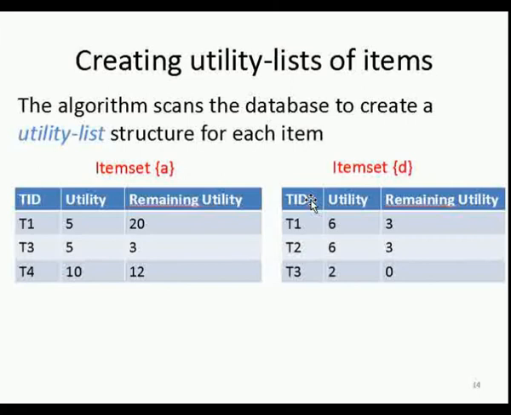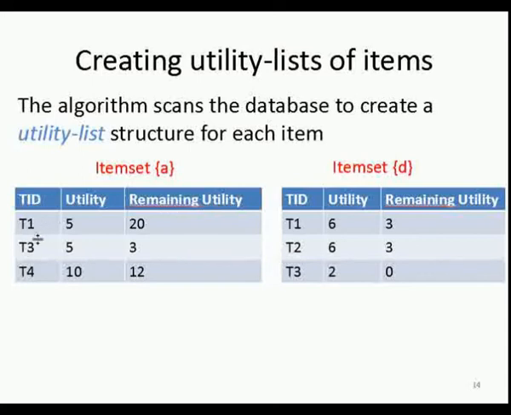So how does it work? The main idea of the MinFHM algorithm, the first step, is to scan the database to create a utility list structure for each item. So what is a utility list? It is kind of a table. For each item like A and D, we have a table. If we look at the table of A, it has 3 columns: TID, utility, and remaining utility.